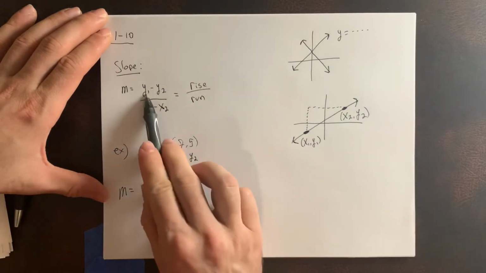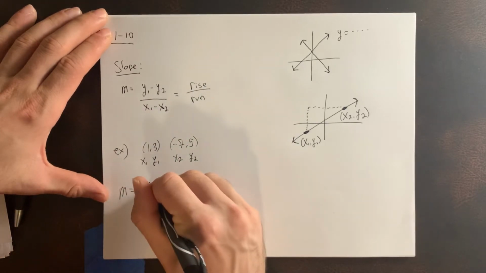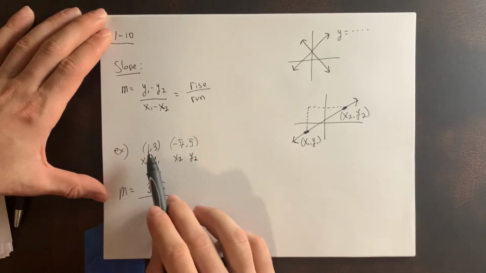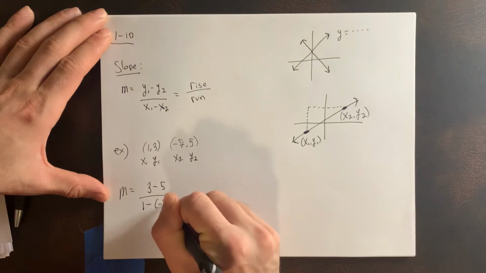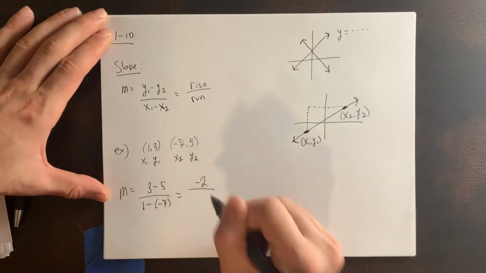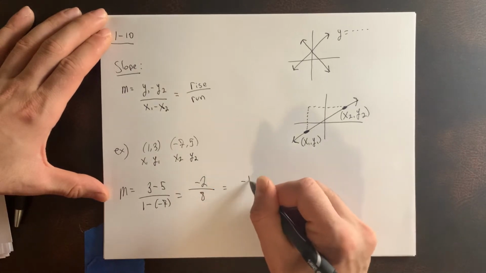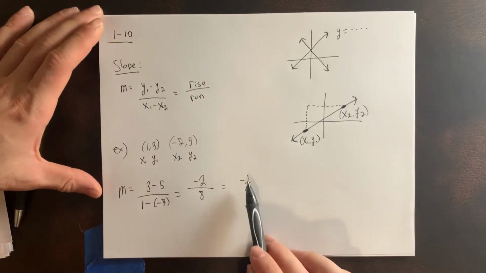So m equals, we're going to do y1 minus y2, so 3 minus 5, divided by x1 minus x2, 1 minus a negative 7. Okay, so 3 minus 5, that's minus 2. 1 minus a negative 7, that's 8. So this is going to be minus 1 over 4. So the slope between these 2 points is minus 1 over 4.